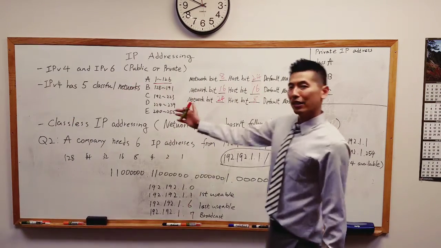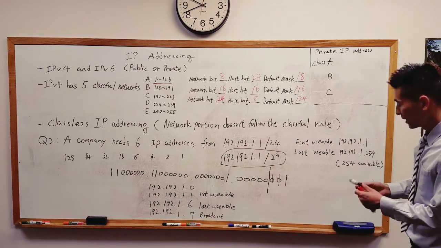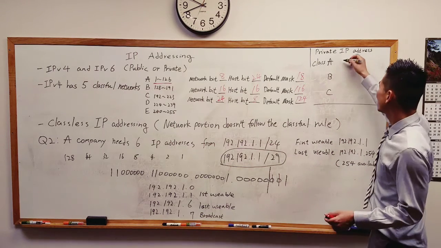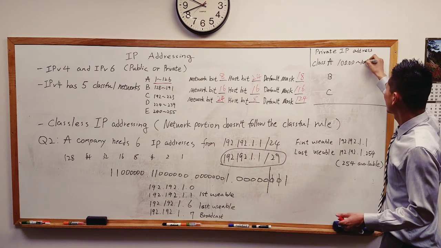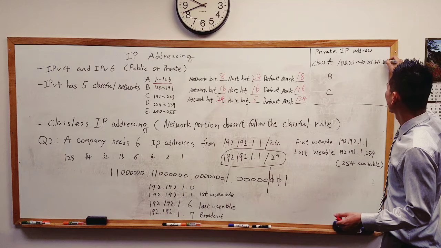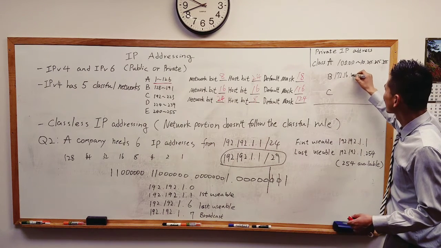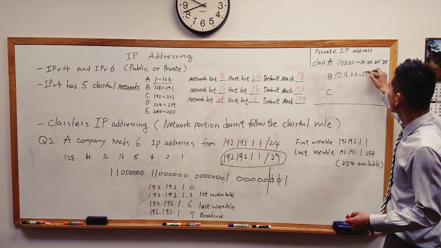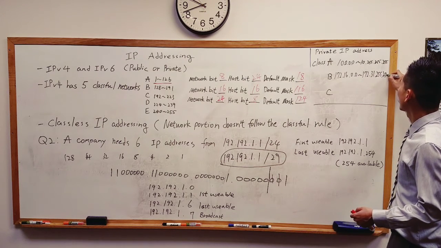To finish IP addressing off, I want to talk about private IP version 4 addresses. So for class A, it ranges from 10.0.0.0 to 10.255.255.255. And for class B, this is 172.16.0.0 to 172.31.255.255.